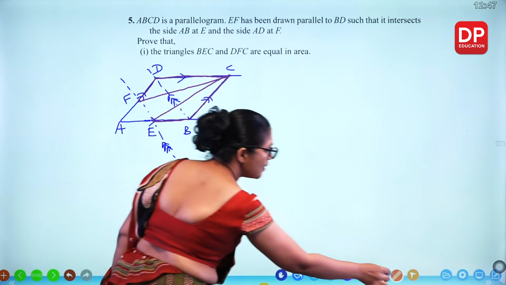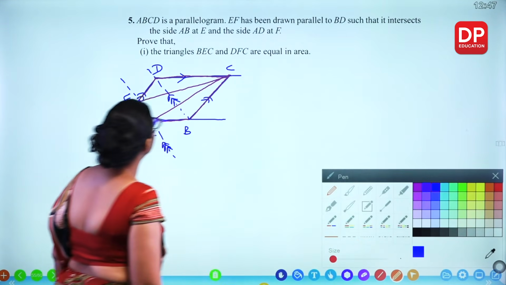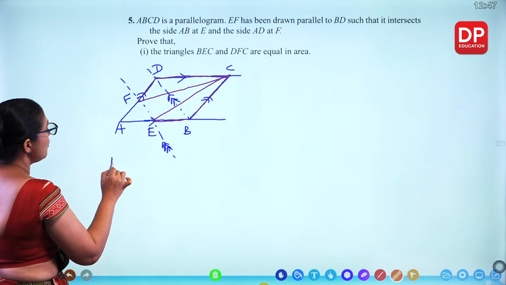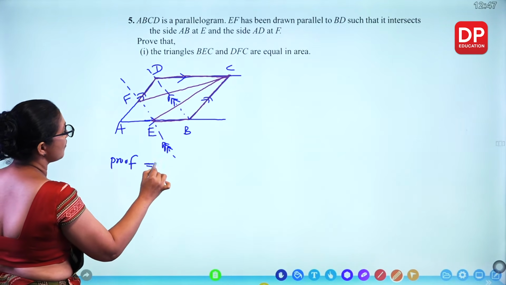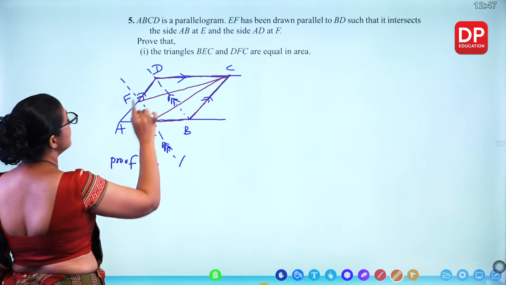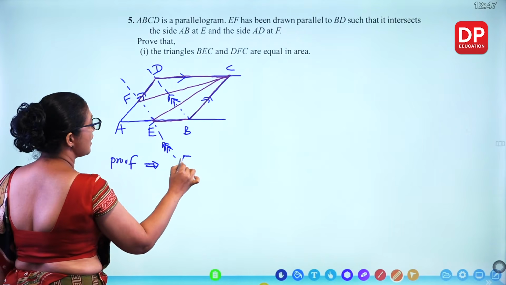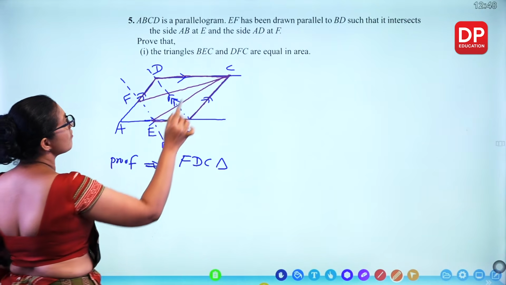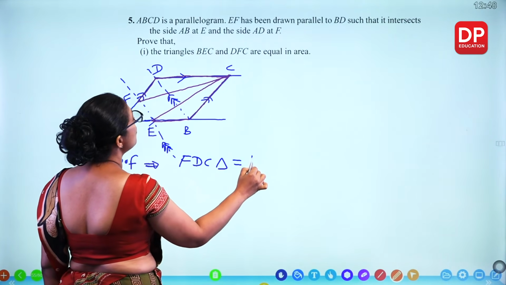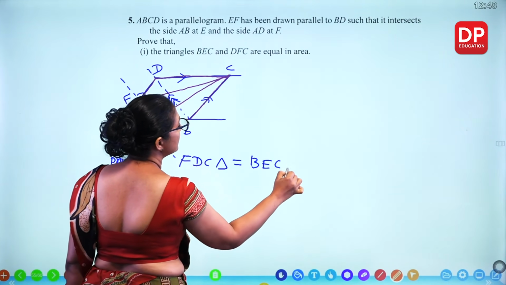Okay, so here we'll try to do that. You need to prove FDC triangle is equal to BEC triangle.